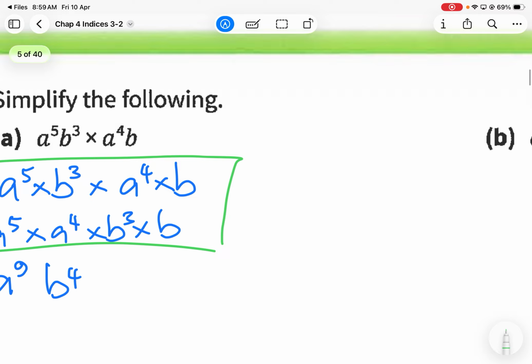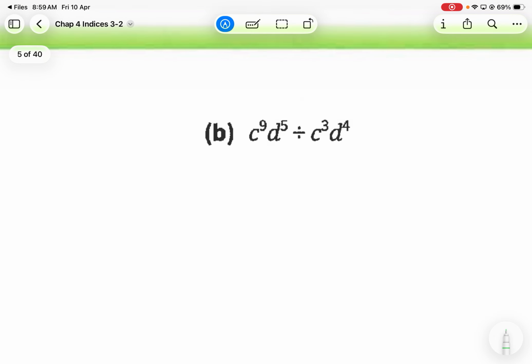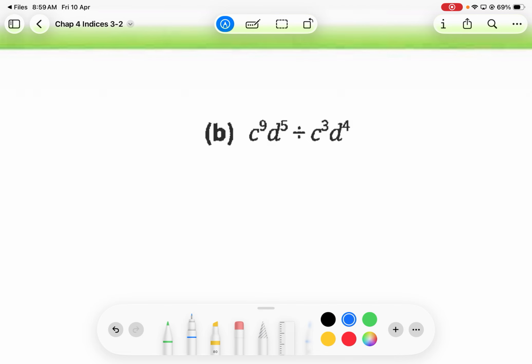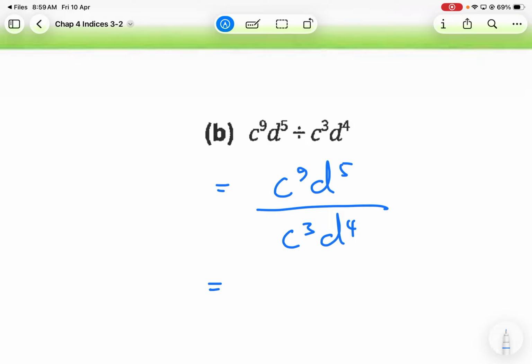Okay? Okay, B, do yourself. Division. Sorry lah, don't do yourself, I do. Okay? Base number, is it times together or is it plus? This is multiplication. This is also multiplication.